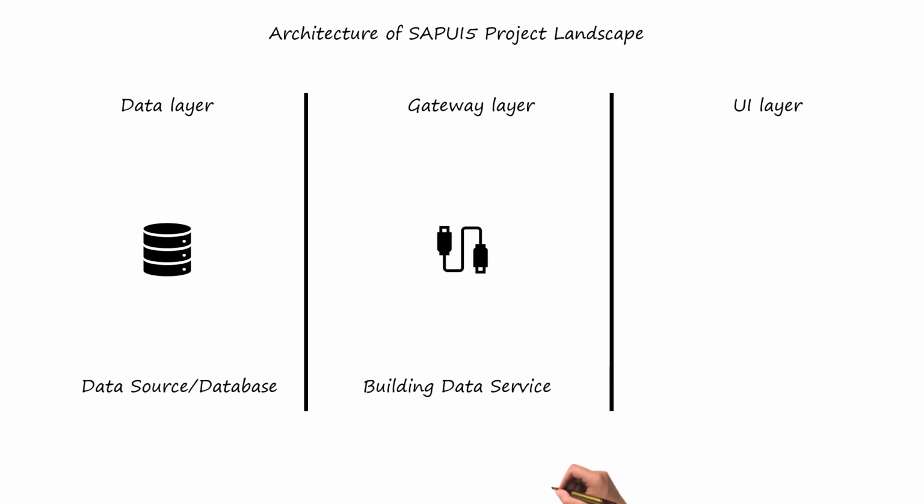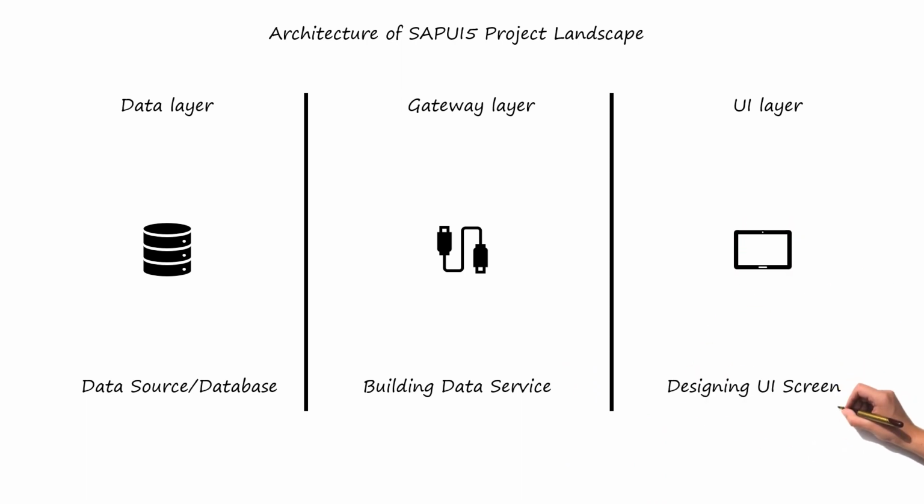Then we have the gateway layer, which takes the data out from the data layer and pushes it to the UI layer. The UI layer is where we have the front end, the screen part. The UI does not have the power to directly penetrate into the database and fetch the data.